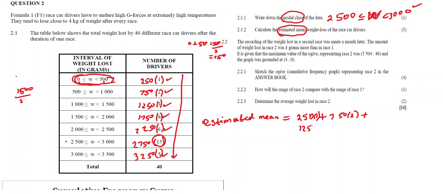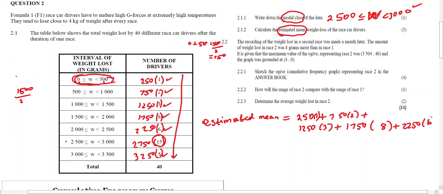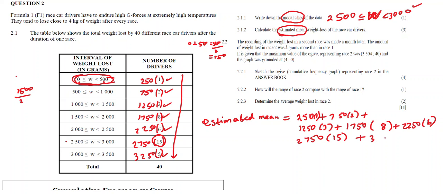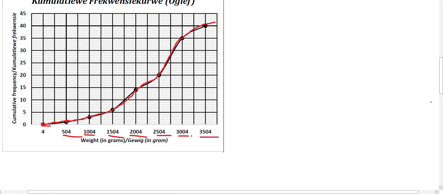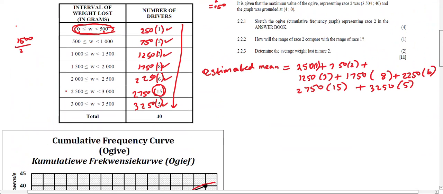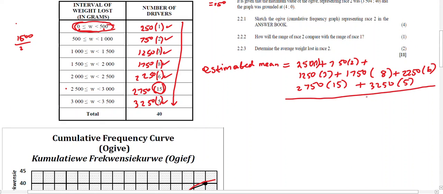Then whatever sum you have, you divide by the total frequency.